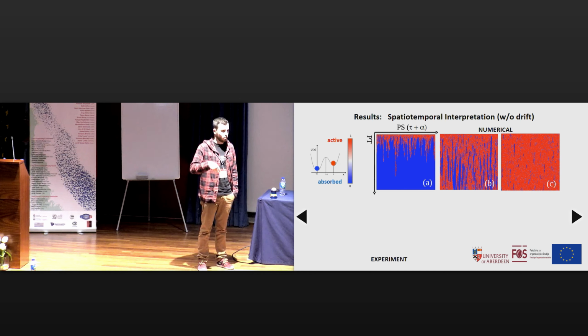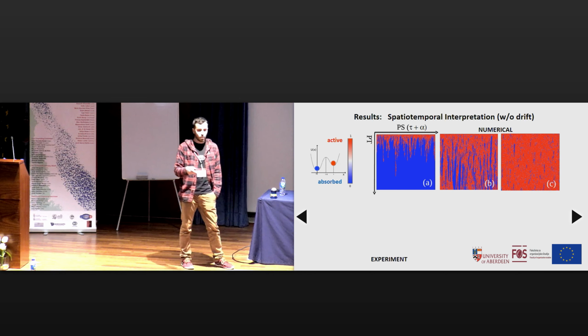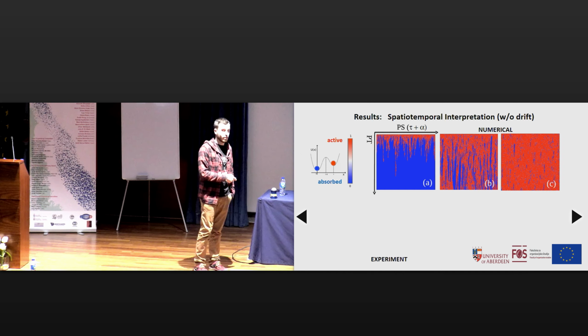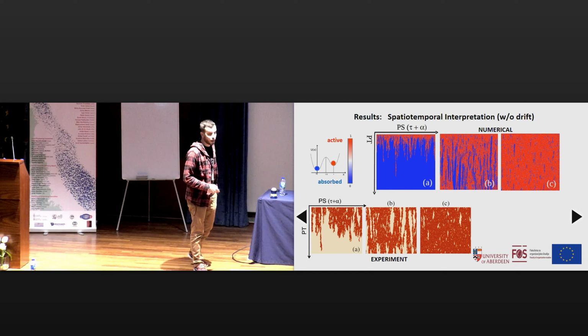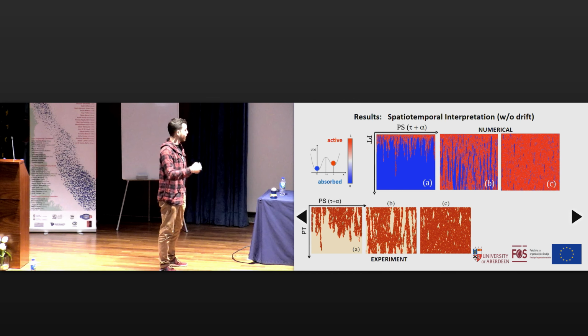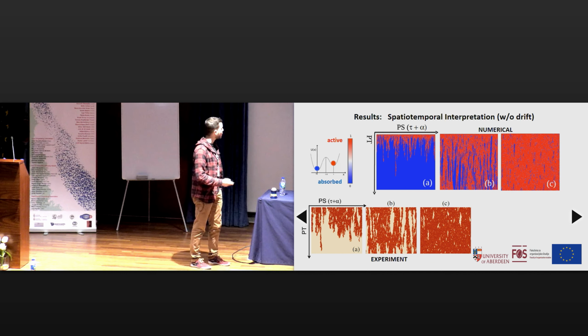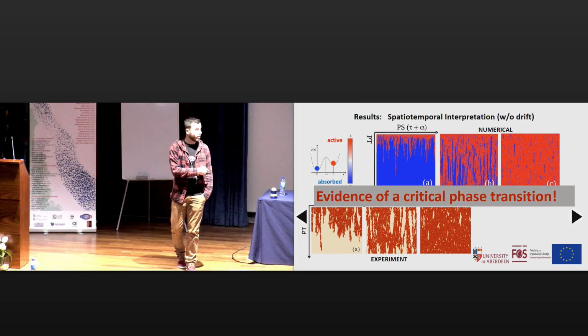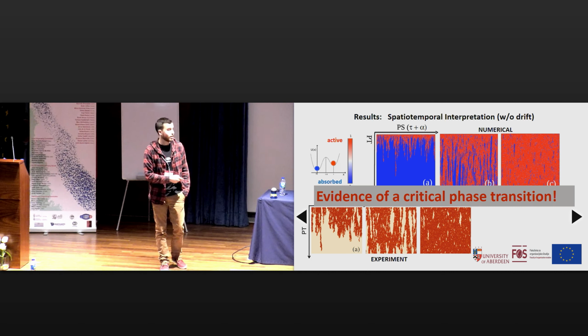It's exponentially going to zero. In the beginning, you say it's numerical, maybe it's not reproduced in the experiment. Okay, you're happy, and that's exactly the same in the experiment. It's really recognizing the same property of the experiment. So what I'm showing you is that there is evidence of a critical phase transition in these systems.